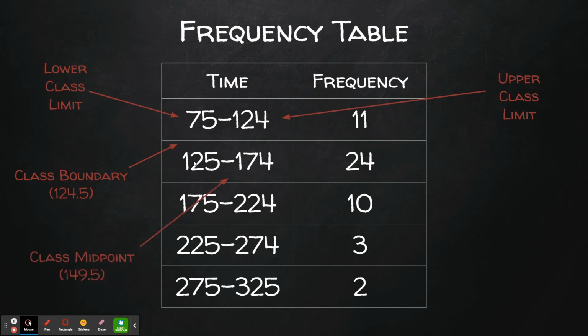And then we have a midpoint of a class, which would be the average of the upper and lower class limits. For instance, for this second bin, the class midpoint is 149.5. Now, in a practical sense, none of these terms matter, but you might have to know them on a homework or something, so pay attention to that. Oh, we also have a class width, I almost forgot, of 50. How exciting.